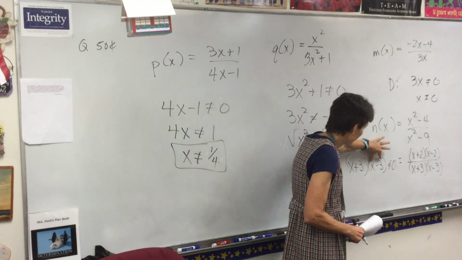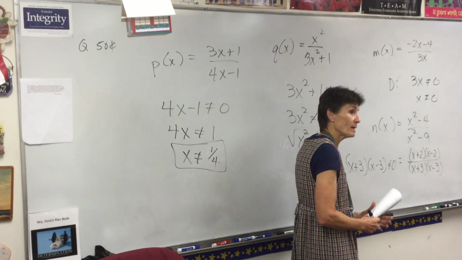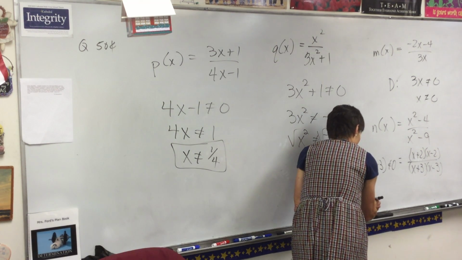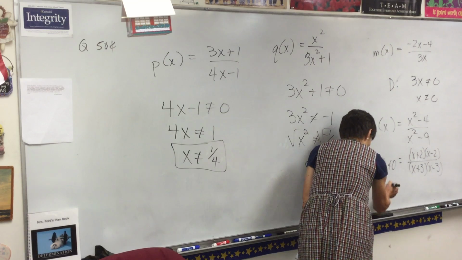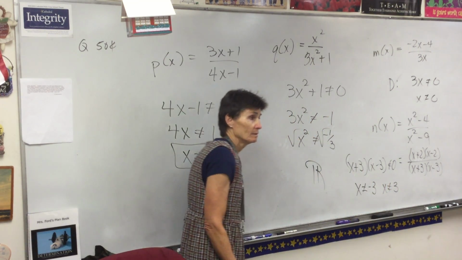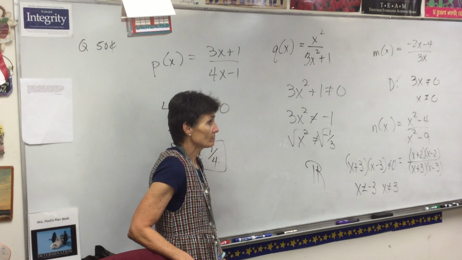Yeah. Can you think of a number that would make that 0? Positive 3. I don't think our domain's all real numbers. I think our domain is x can't be -3 or +3. Does that make sense to you?